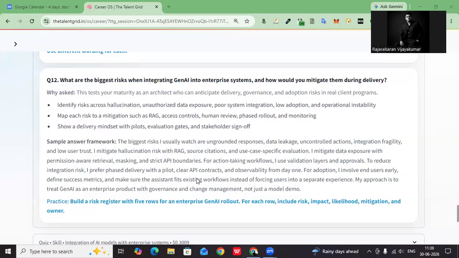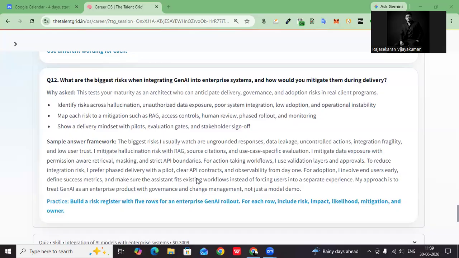Then adoption: whether the business is going to adopt this solution effectively or not. And costing: the business might worry about how the infrastructure and costing will work. These are the key risks, Devanshu, as I would see it as a leader.